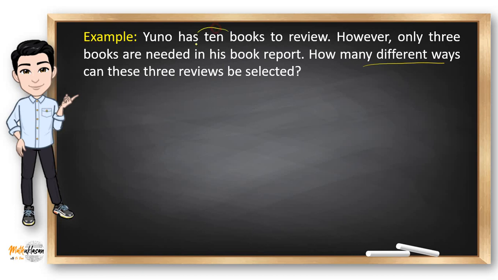So 10 here is N, while 3 is R. So we have now 10C3. This is 10 factorial divided by 10 minus 3 factorial times 3 factorial. So we'll have 10 factorial. 10 minus 3 is 7.